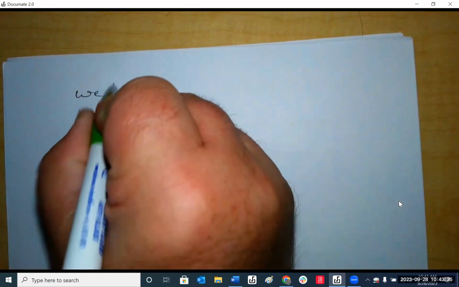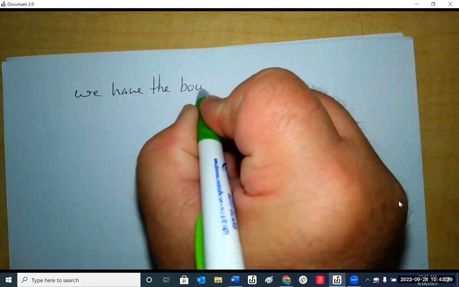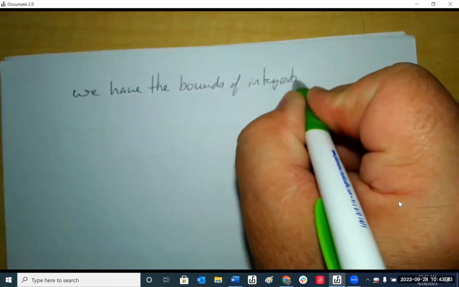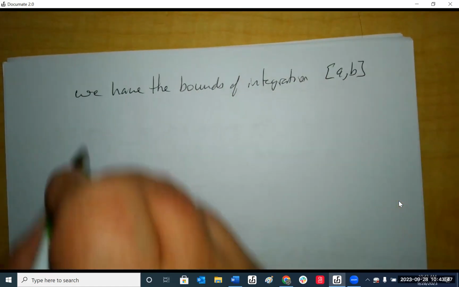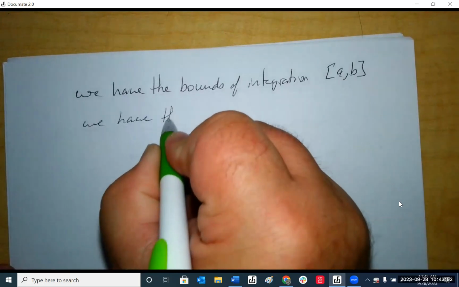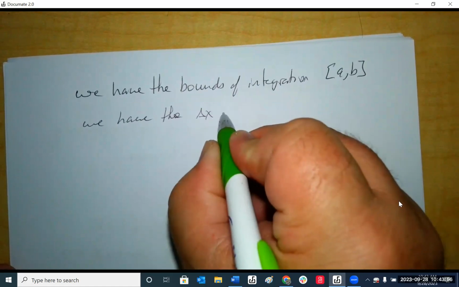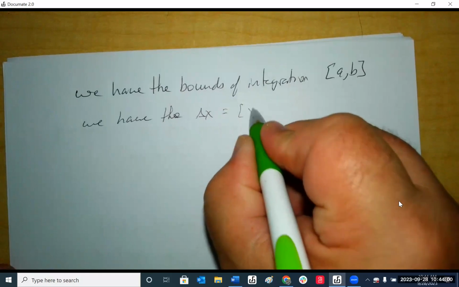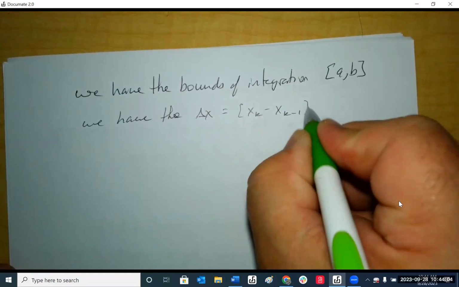Okay, we have the bounds of integration A, B. We have the delta x, right? Each delta x being x sub k minus x sub k minus 1.